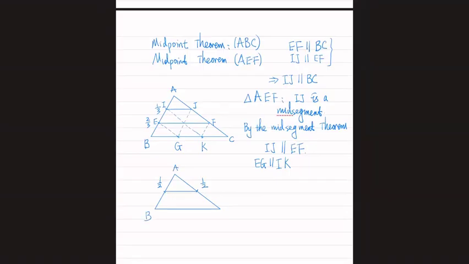With A, B, C, F, G: if AG over AB is 1/2 and AF over AC is 1/2, by the midpoint theorem, FG is parallel to BC.